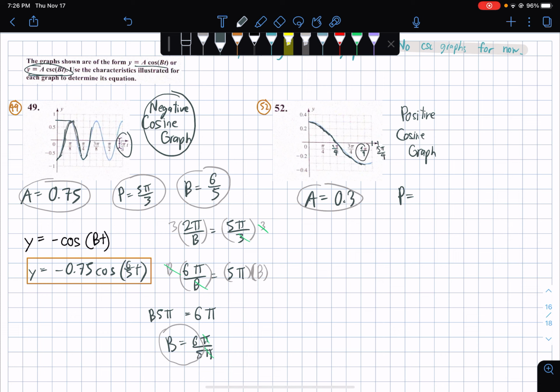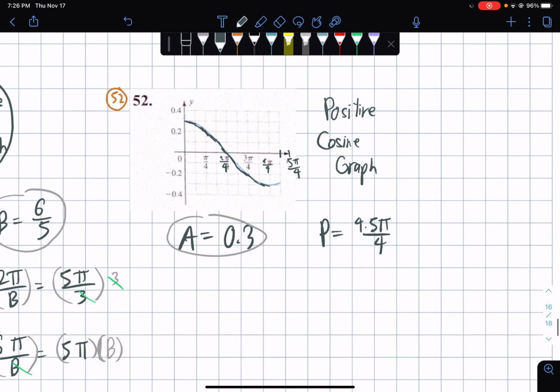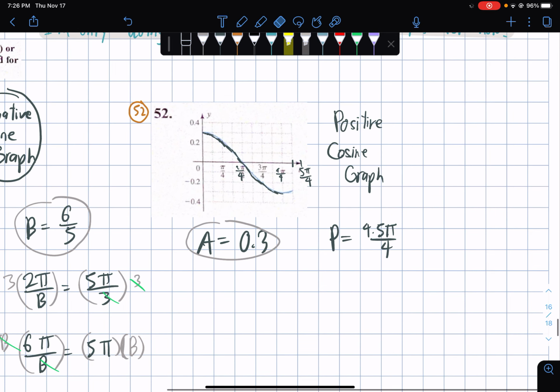What's between 4 pi over 4 and 5 pi over 4? Apparently that is 4.5 pi over 4. So even in this sense, we're supposed to be very accurate. So we basically have 9 over 8 pi.